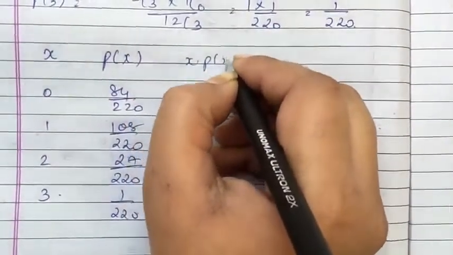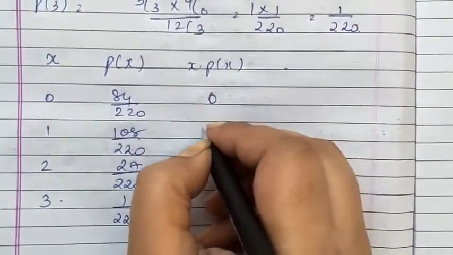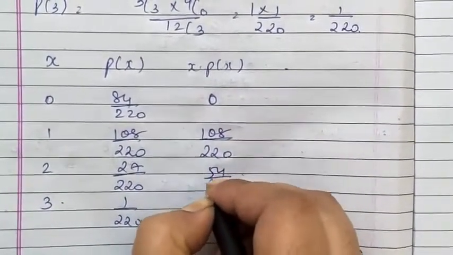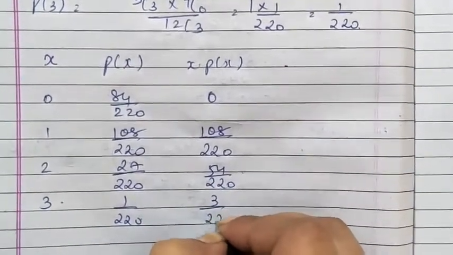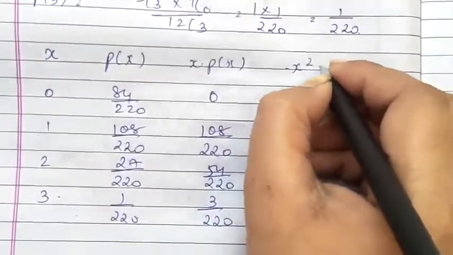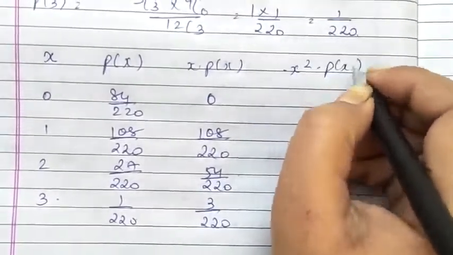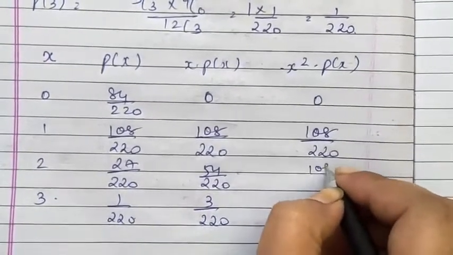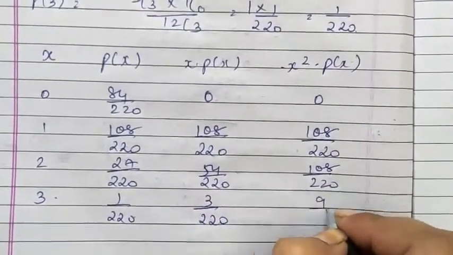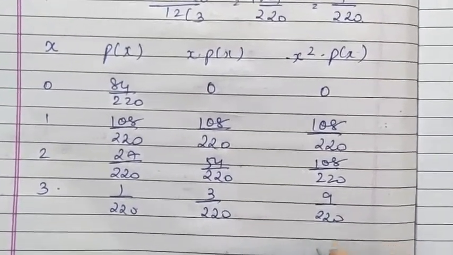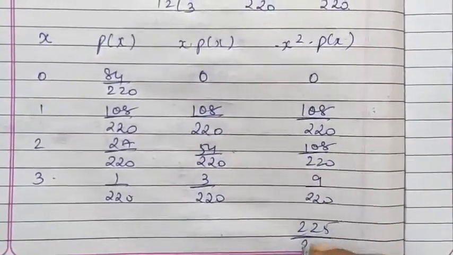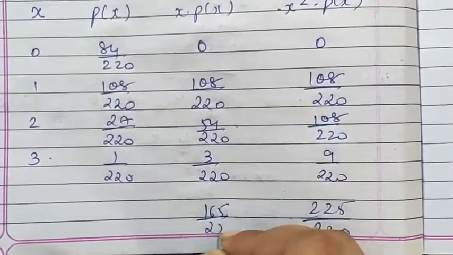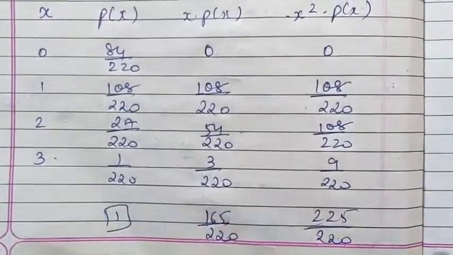Now x into px, this is 0, here 108 upon 220, 54 upon 220, 3 upon 220. Now x square px, that is 0, 108 upon 220, 108 upon 220, 9 upon 220. Total comes to 225 upon 220, and here total comes 165 upon 220, and the total here is 1.